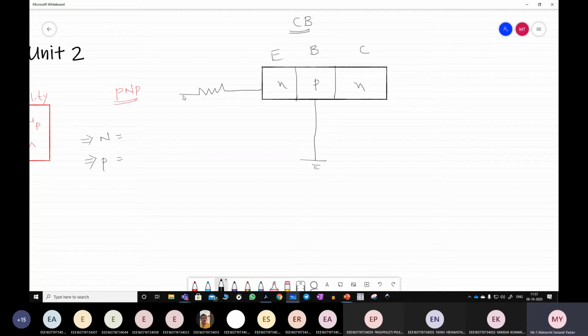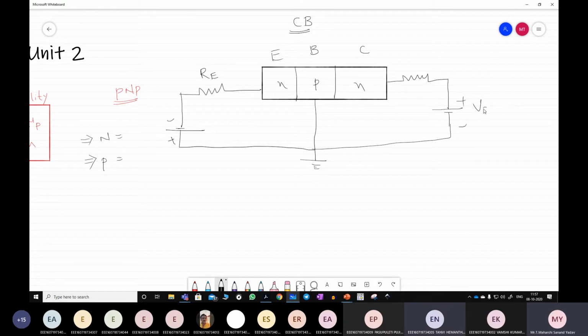Here at the emitter, I need to make it forward bias. That's why negative to negative, positive to positive. This is a connection. Here is a resistor, followed by the output, which should be forward biased or reverse biased? Reverse bias. So N should be connected to positive and vice versa. So here this is positive and negative. As it is connected to the collector, I'm calling it VCC. Here I'm calling it VEE.